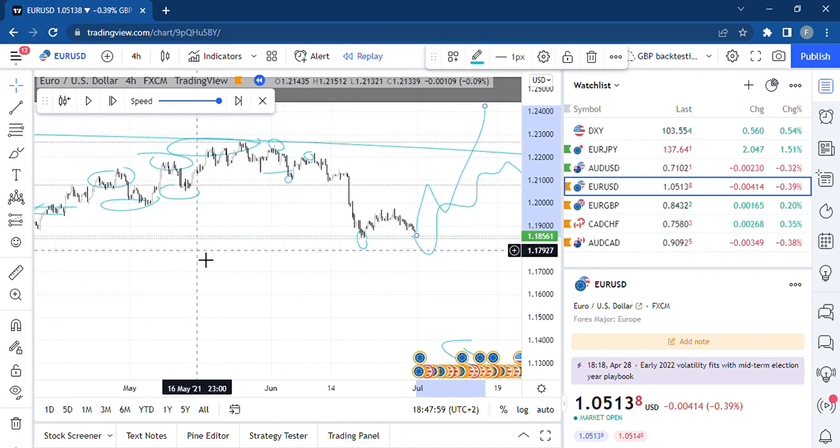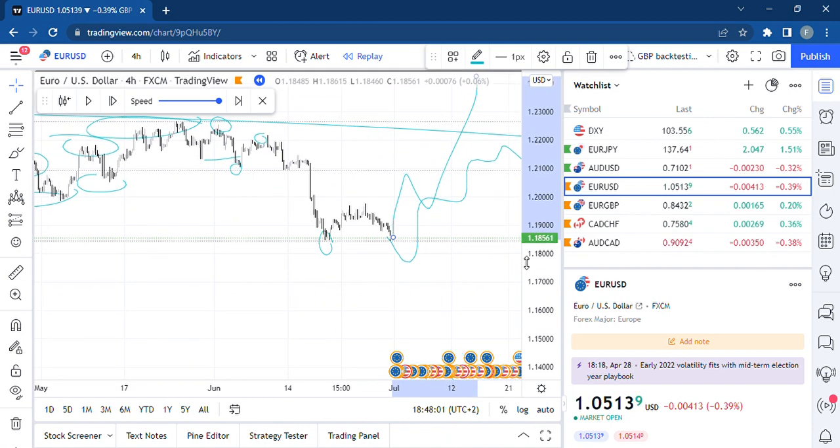You can go to the hourly time frame, the 30-minute. Even though I don't use the 30-minute, I move straight from the hourly to the 15. But you can move from the hourly to the 30-minute to the 15 to the 5 to the 1. You can go through these time frames and you will still see market structure.